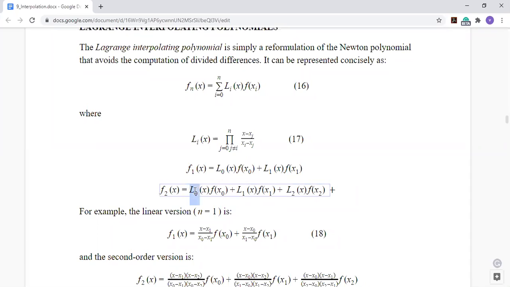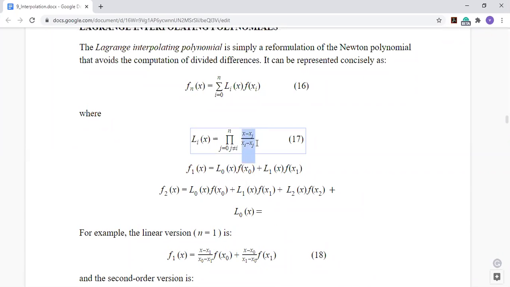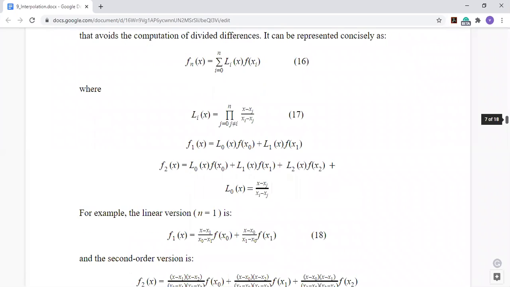So to get L0, for instance, L0 of x is simply this formula here. This represents a product from j equal to 0 to n.